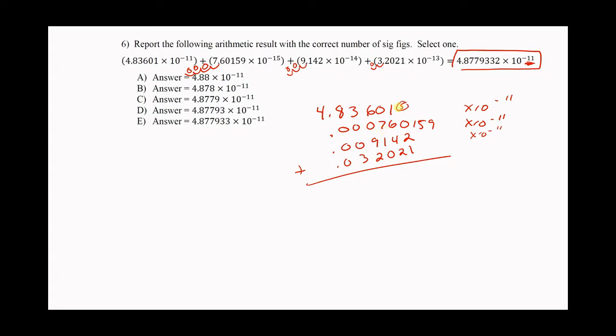Here we go out to 1, 2, 3, 4, 5, 6, 7, 8, 9 decimal places. Here we go 1, 2, 3, 4, 5, 6 decimal places, and here we go 1, 2, 3, 4, 5, 6 decimal places. So 5 is the limit. We can't have more than 5 decimal places. So 4.877993 times 10 to the minus 11. D is our answer.